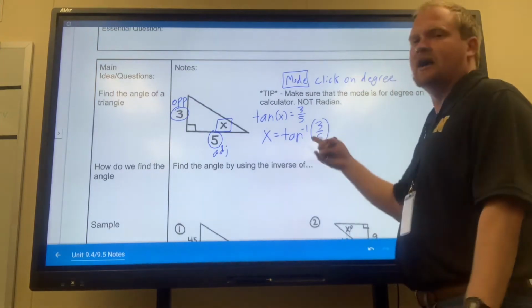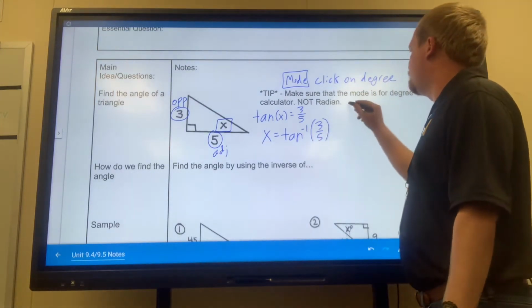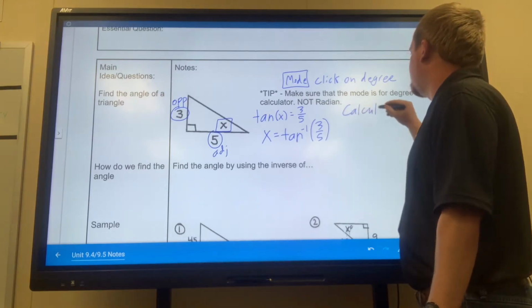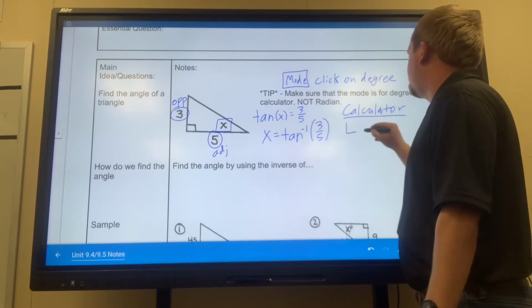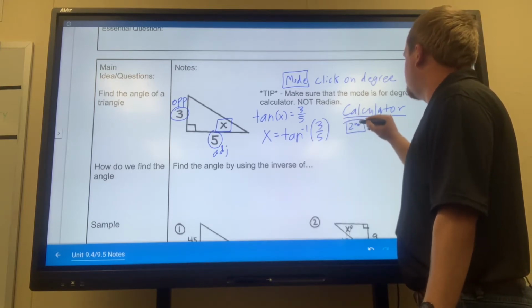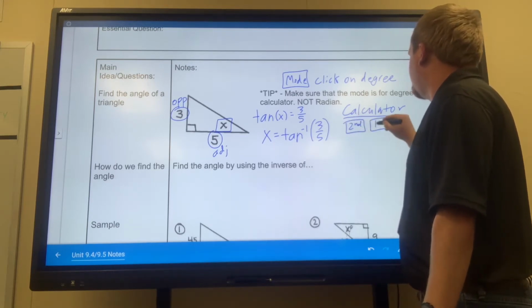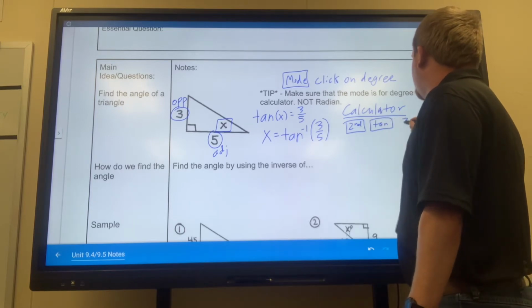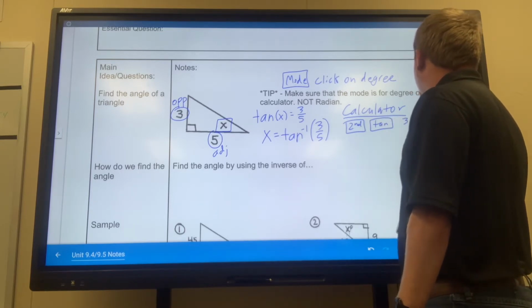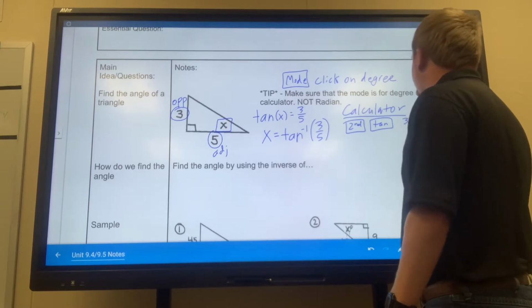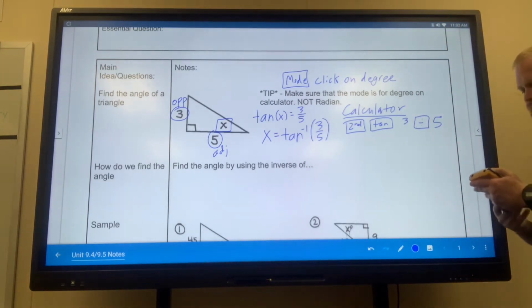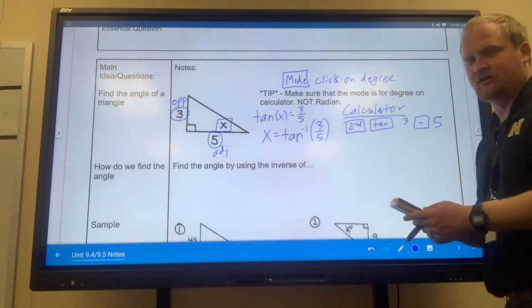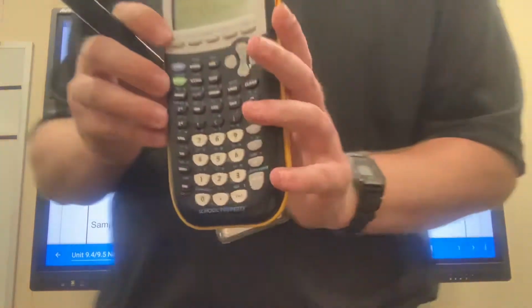Now, how can I type this into the calculator? First thing I want to do is press second, then tangent, 3 divided by 5. I'll show you right here.